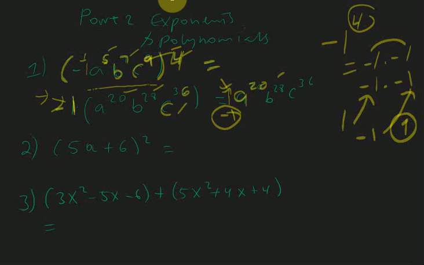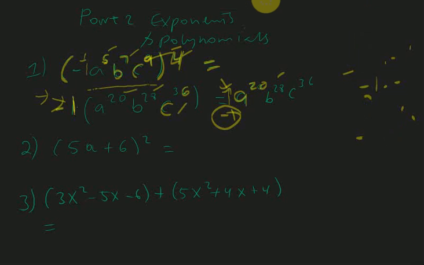the power of 36. That's how you solve this one, where you basically multiply each power that the variable is raised to by the outside power.